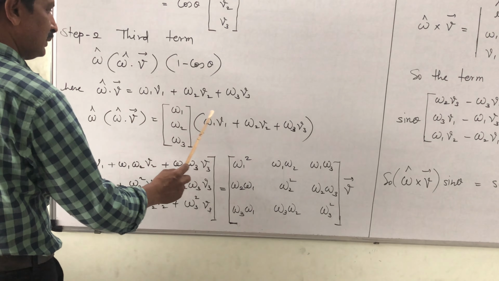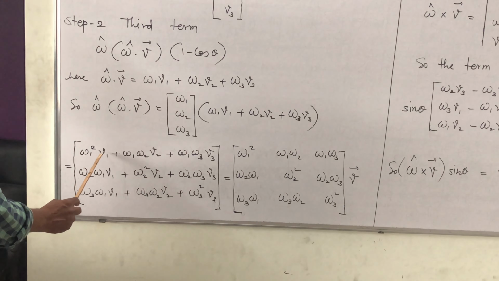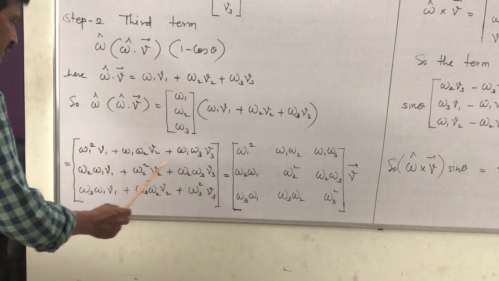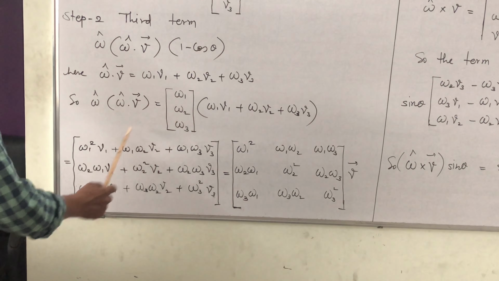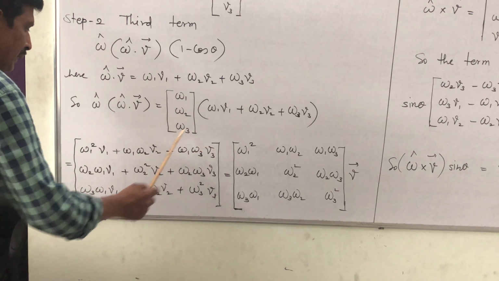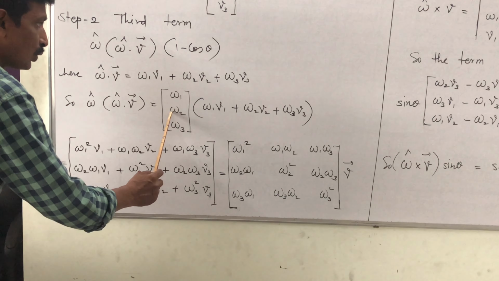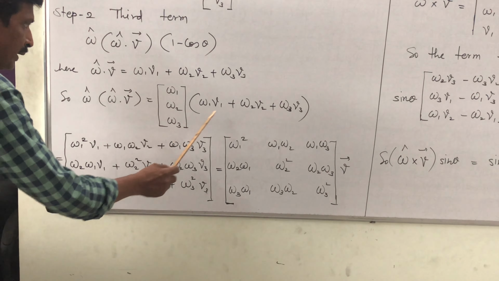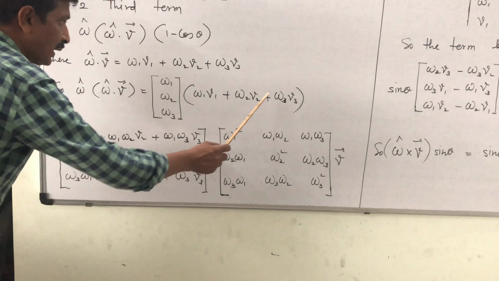So multiplying all the terms: omega 1 square V1 plus omega 1 omega 2 V2 plus omega 1 omega 3 V3; omega 2 omega 1 V1, omega 2 square V2, then omega 2 omega 3 V3; omega 3 omega 1 V1, omega 3 omega 2 V2, omega 3 square V3.